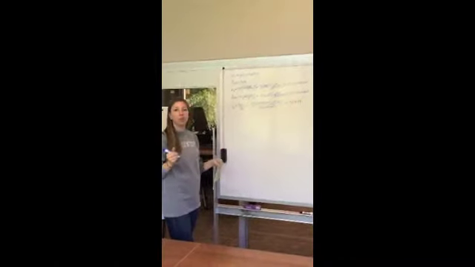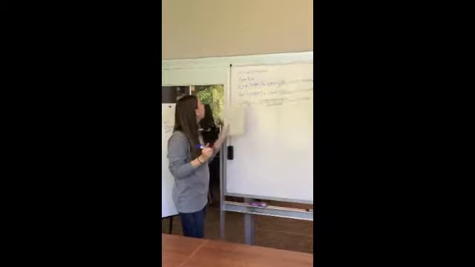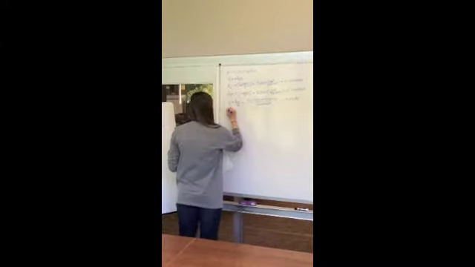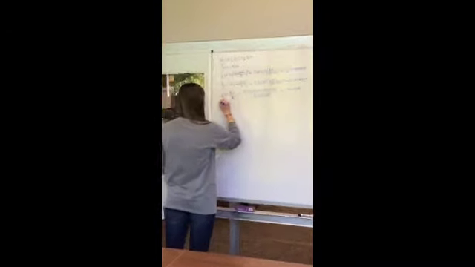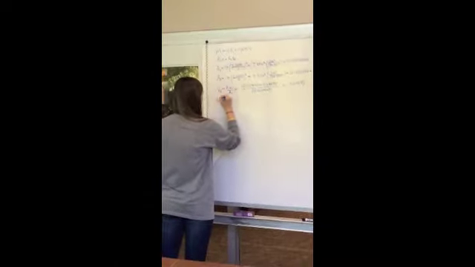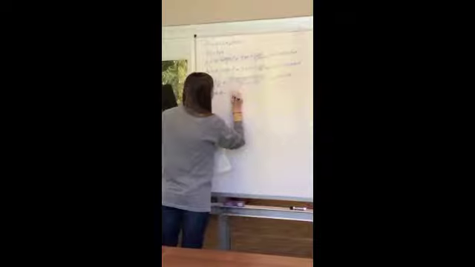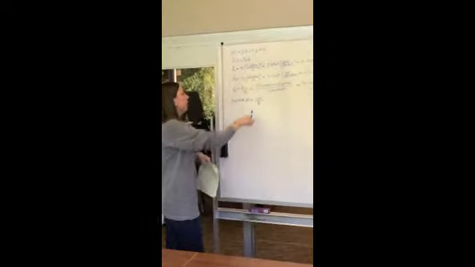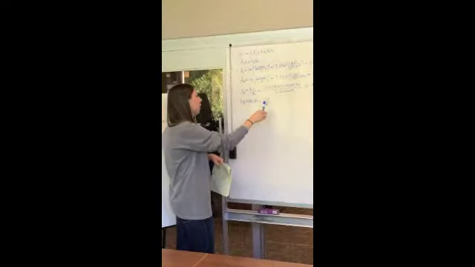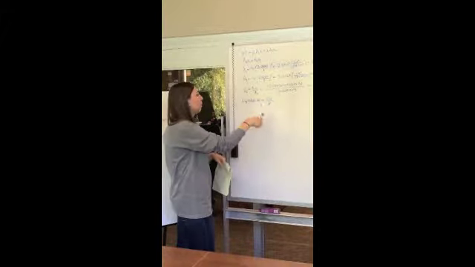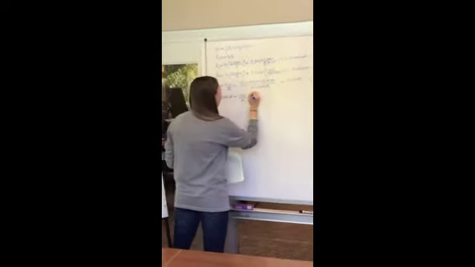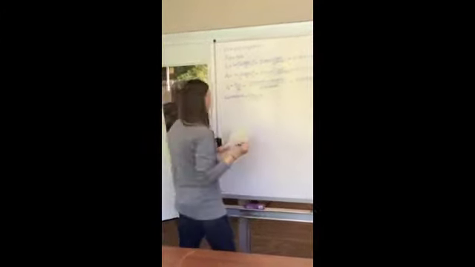So now we're going to find the Reynolds number right now. The equation for Reynolds number is the diameter times the density times the velocity divided by the viscosity. And we're going to use our inlet conditions.